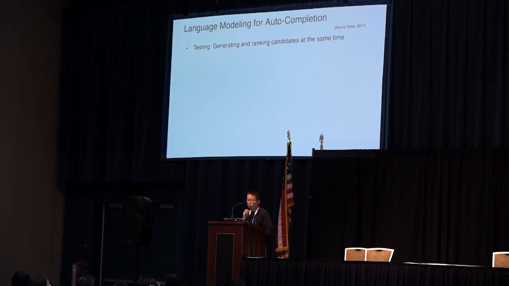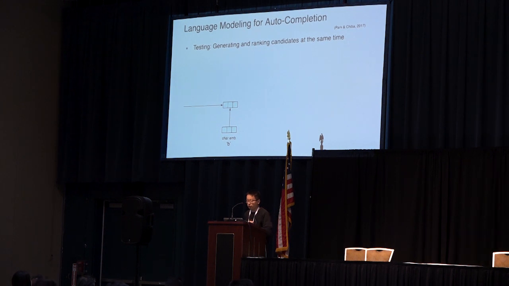Also, I would like to introduce how the testing works in the language model for autocomplete. During the test, you will see that the candidate generation and the ranking happen at the same time. Also, there are multiple iterations of the generation and the ranking.